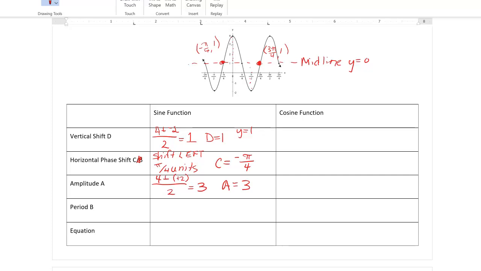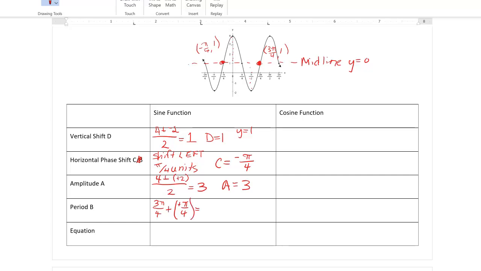Next, our period. Our period is a little bit more interesting this time. Remember, again, it's the time it takes to complete one cycle. So it's the distance from -pi/4 to 3pi/4. So to find that distance, we're going to take 3pi/4 minus a -pi/4. So minus a negative is going to be a positive.